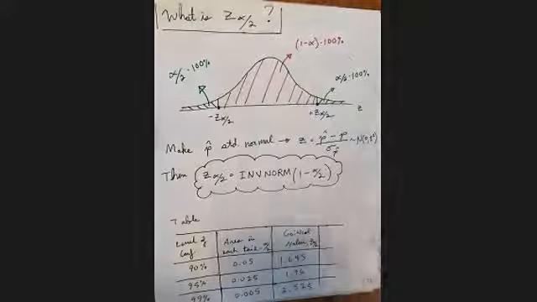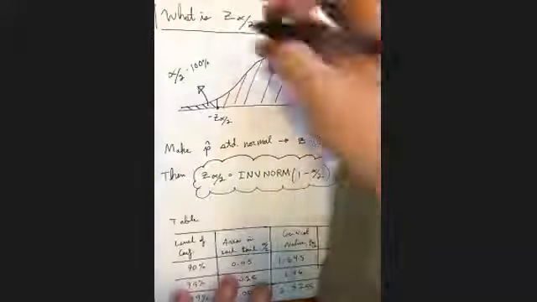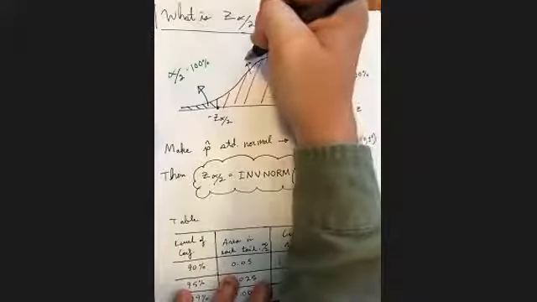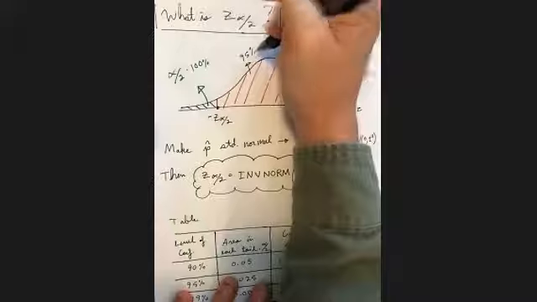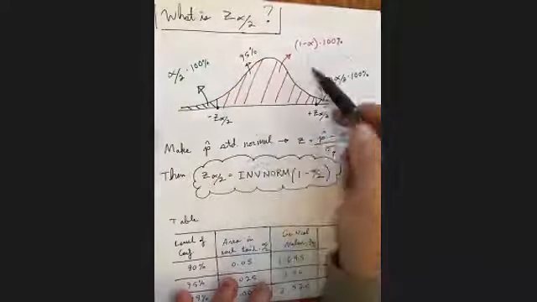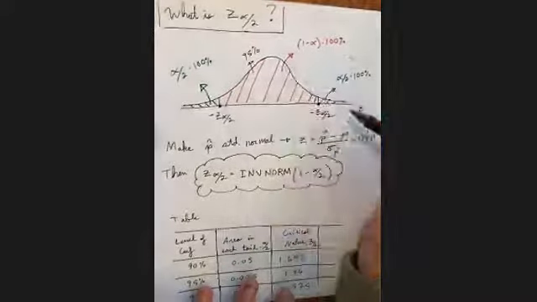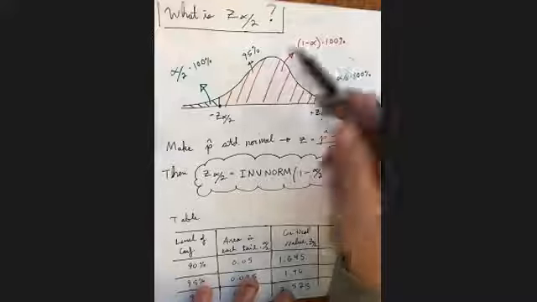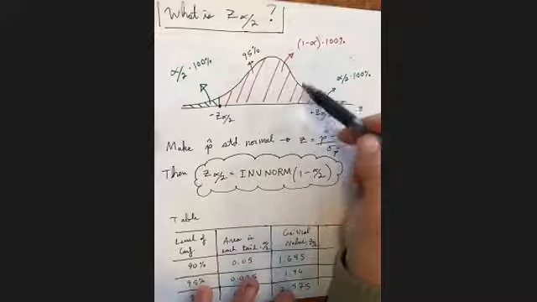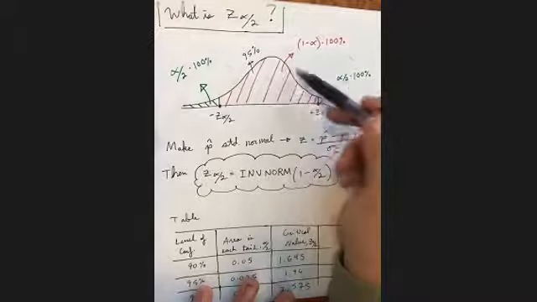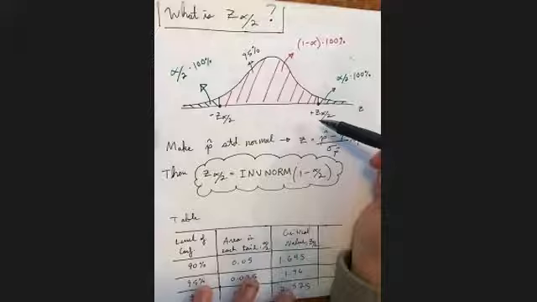Okay, so it's easier to think of this with numbers. So if I have a 95% confidence, then the red area is 95% of the distribution. 95% of the sample proportion values fall within this red area.